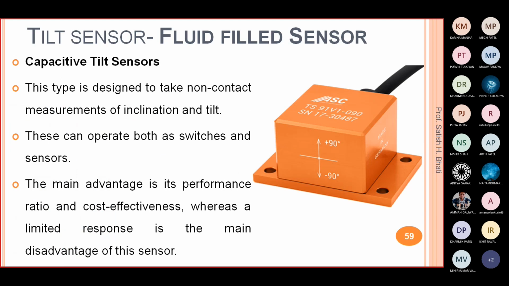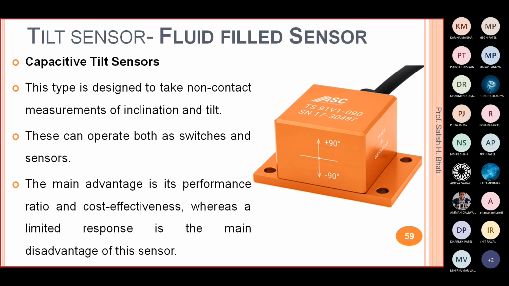Then the other type is the capacitive type, right? In the capacitive type, you will see it has a casing, right? In the casing, you are unable to see what is inside, but it is the outer look of the capacitive tilt sensor, which you are seeing in the slide.